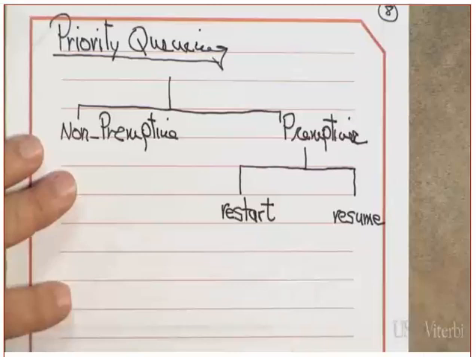Now answer me the following question first of all. Does a packet of higher priority depend on how many packets are in the queue? It does not depend on it. Why? Because the server is going to serve it first. What does this one depend on? It depends on how many packets of high priority are in the queue, plus the residual time of the server.